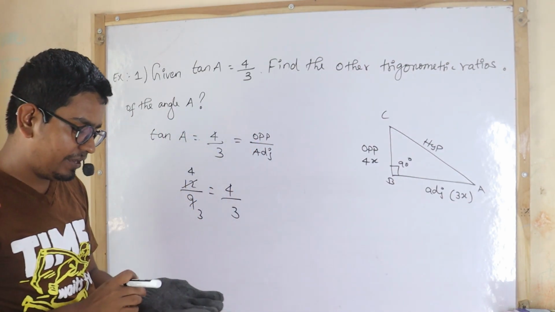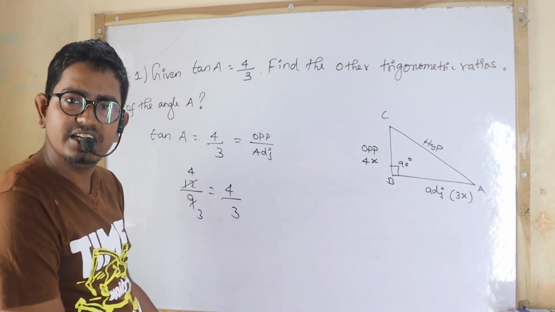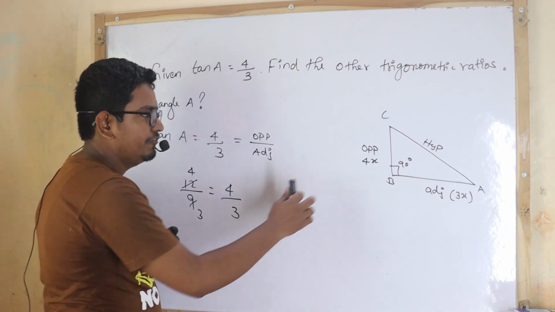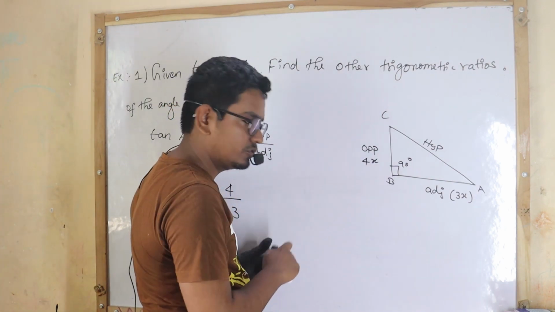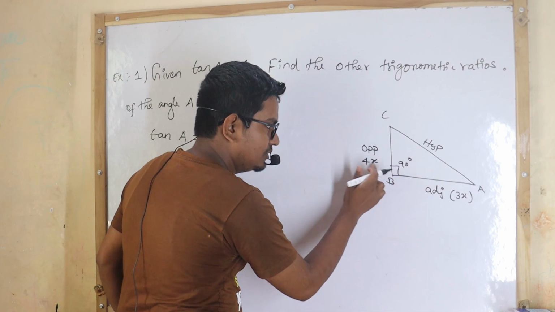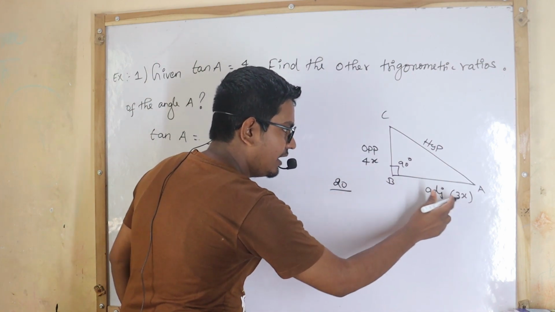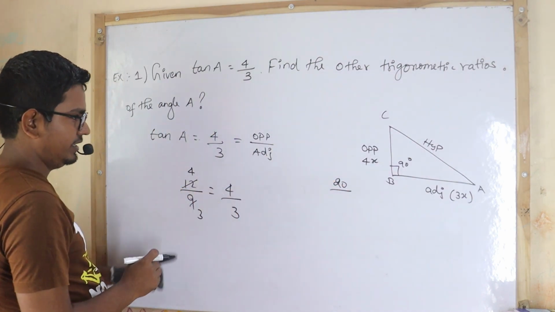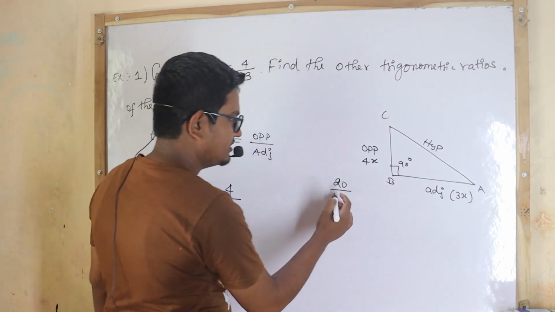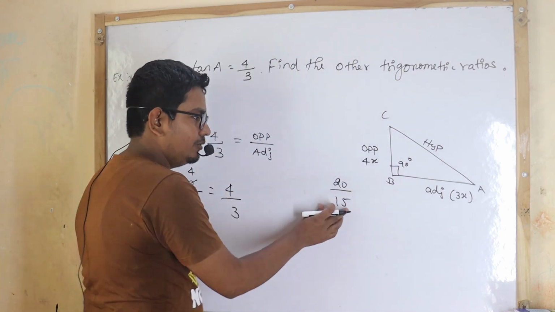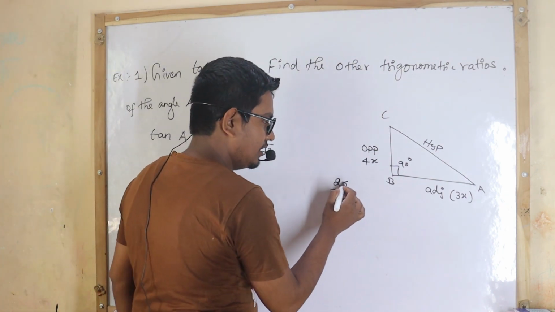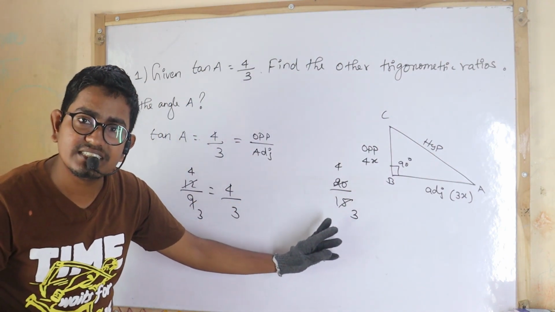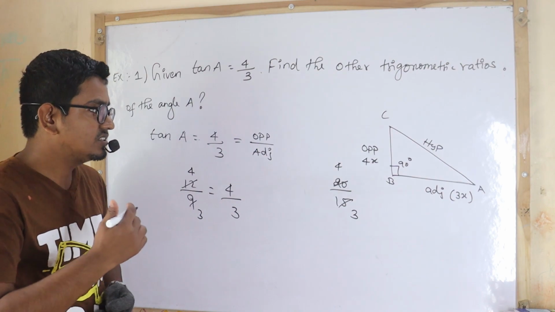For example, if you have any more doubt, if I choose 4 5s 20 and 3 5s 15, multiples of 5, upon solving this, 5 4s are 20 and 5 3s are 15, so you are getting the same answer, 4 by 3.